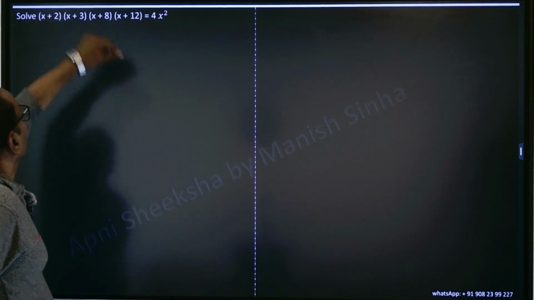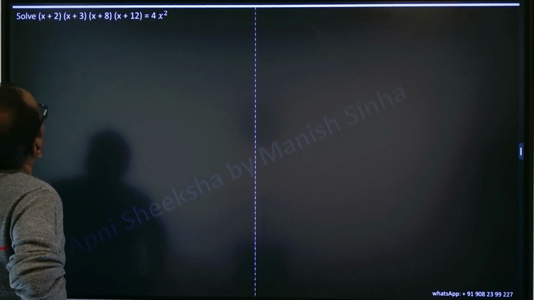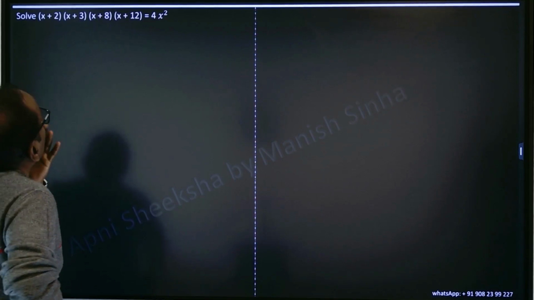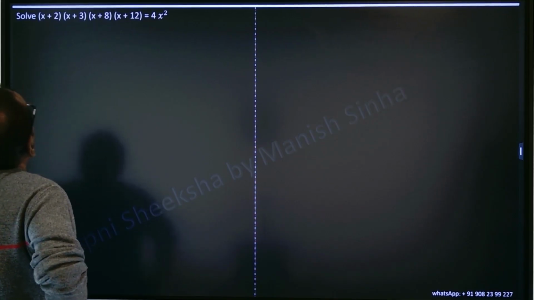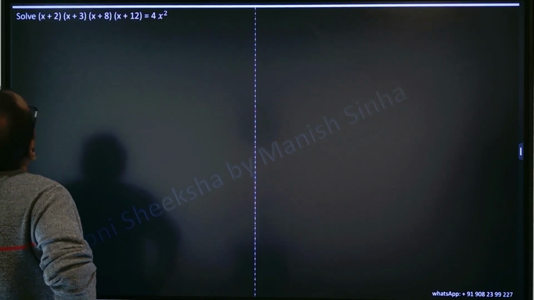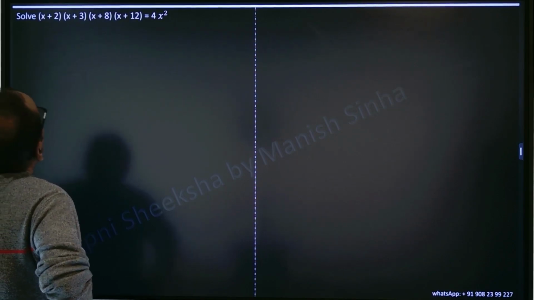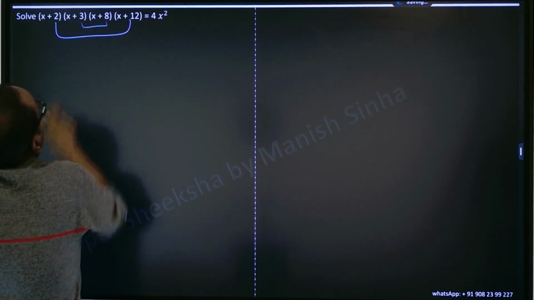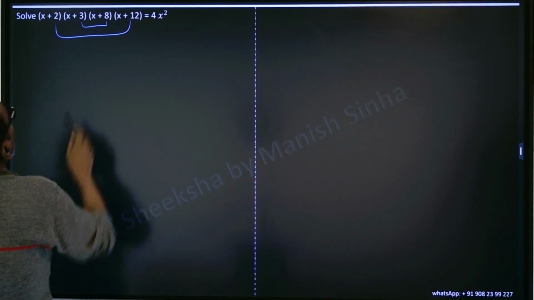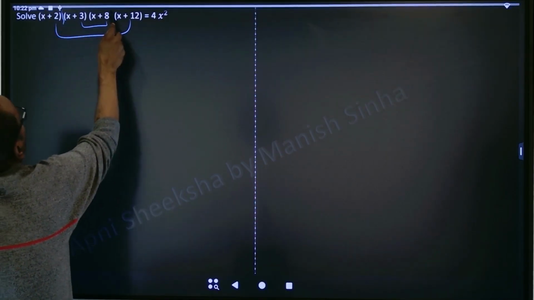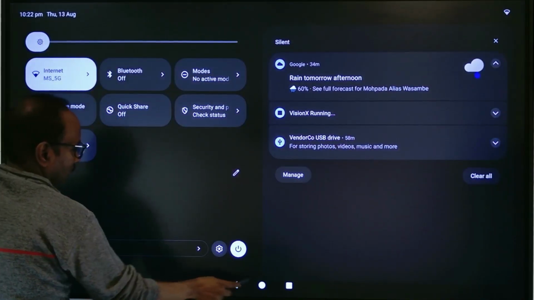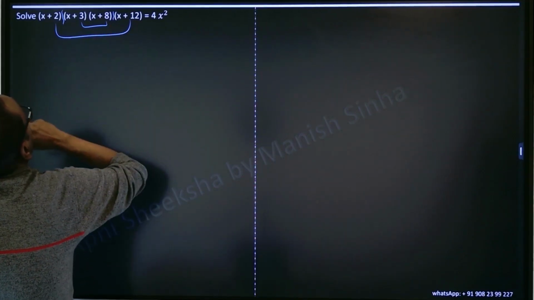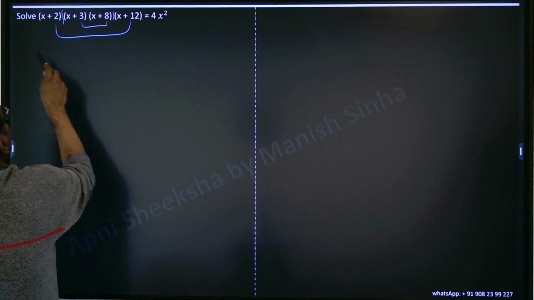Now in such kind of equation, x plus 2, x plus 3, x plus 8, x plus 12, what to be taken common, what to be taken as y for the easy calculation? So you try to get a combination. Take 8 into 3 is 24. 12 into 2 is 24. So multiply these two together, and the rest other two together.